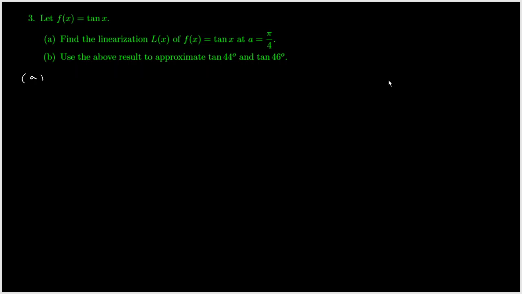In any case, copy the formula so that you know what you are going to get. The formula is going to be the following: a value is pi over 4. The value of the function at pi over 4, plus the derivative of the function at pi over 4, times x minus pi over 4.